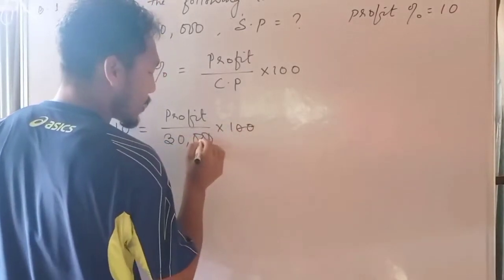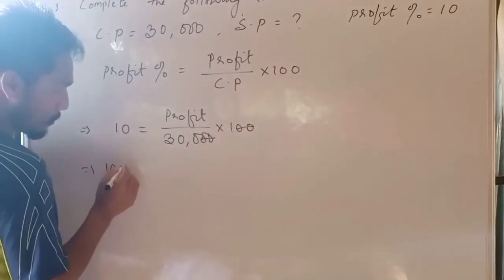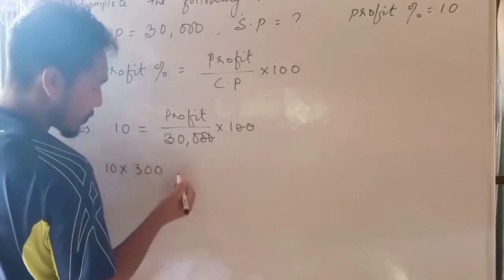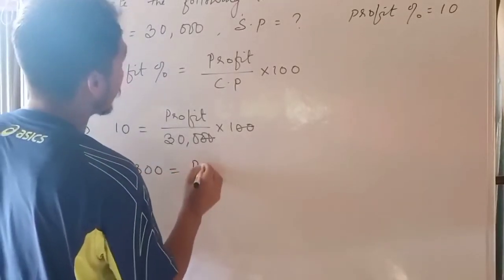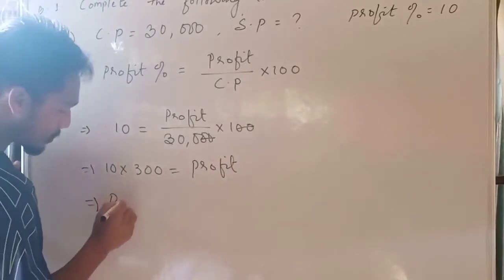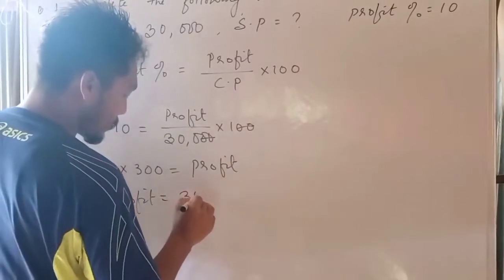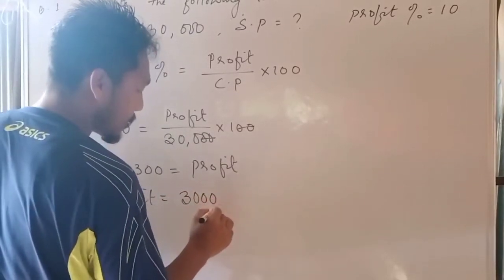The zeros cancel. Now 300 you send this side, it becomes 10 into 30, that is equal to profit. If I calculate this, profit will be 3,000. 3,000 is your profit.